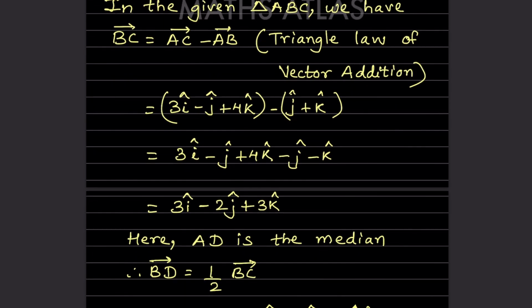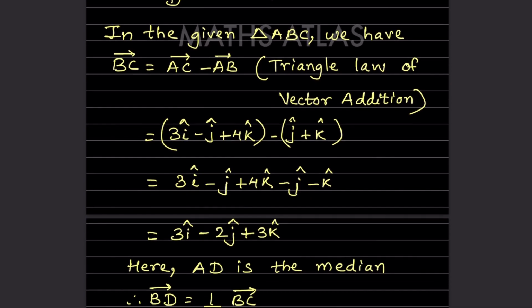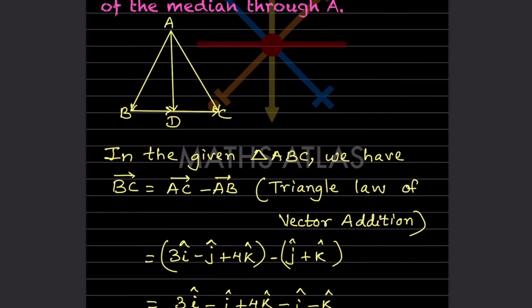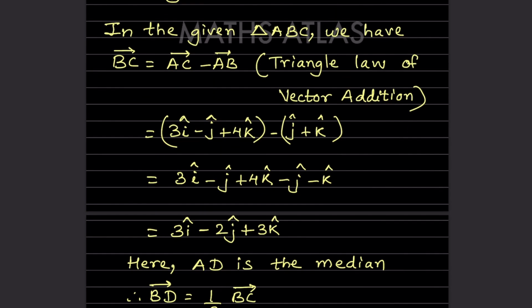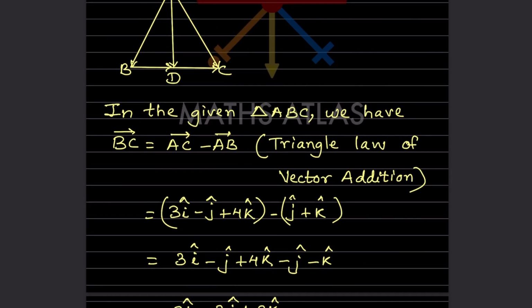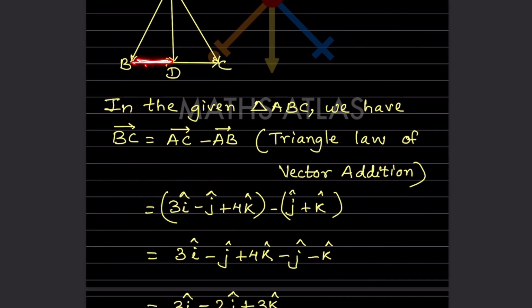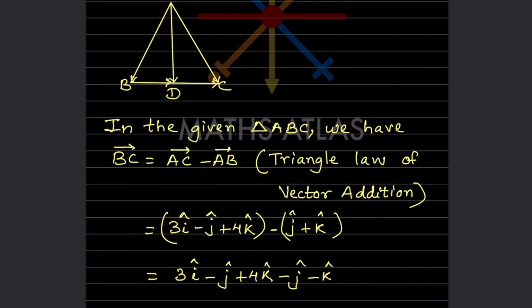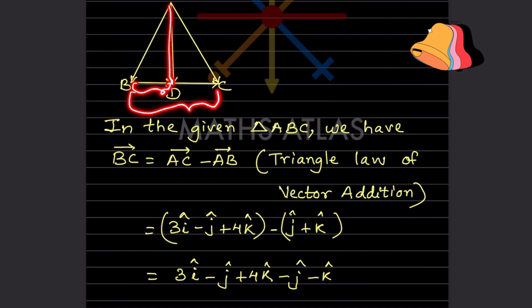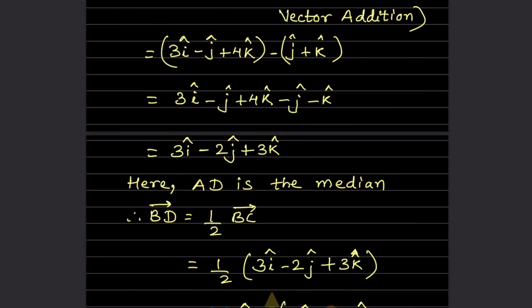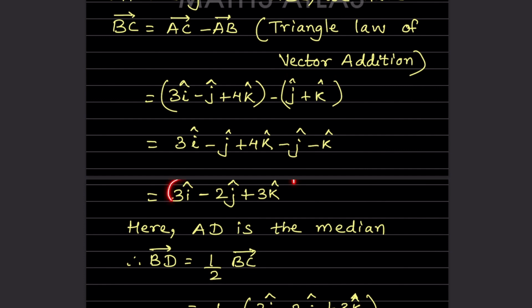So for this triangle, let us consider that whenever the median is given, this BD is half of BC, because both halves are going to be equal. So half of BC, we got BC as this, isn't it?